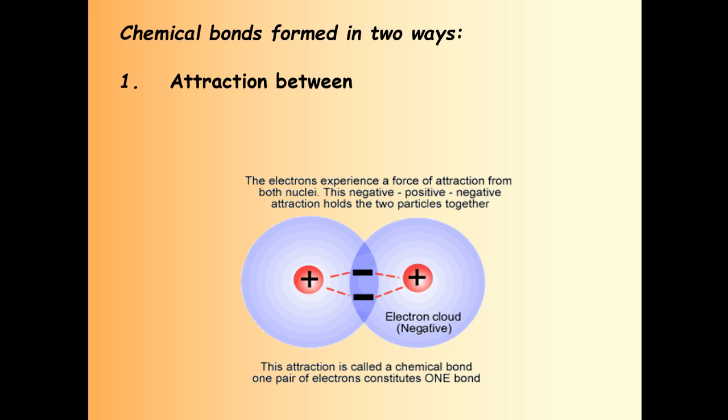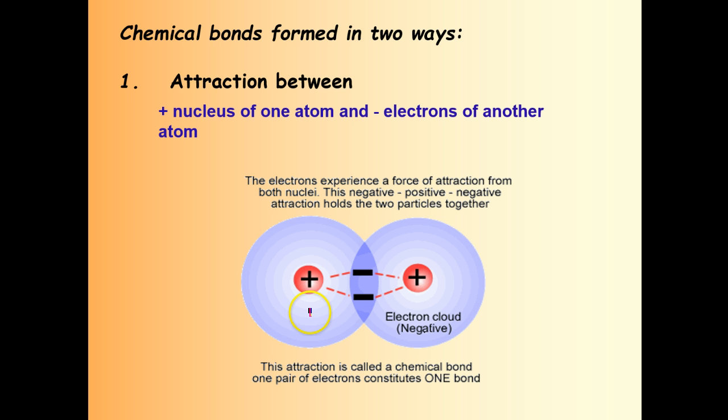Now, chemical bonds can be formed in two different ways. The first is the attraction between the positive nucleus of one atom and the negative electrons of another atom. And we can see in the diagram here, you have the positive nucleus of the one atom is attracted to the electron cloud of the other bonding atom, and vice versa.